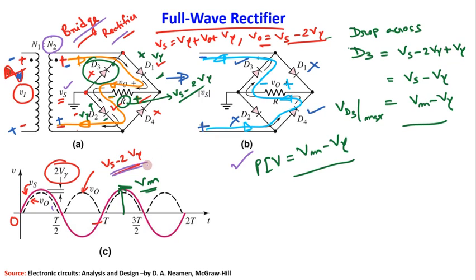So the voltage drop in the bridge rectifier is a bit more compared to the rectifier using the center tap transformer, right? So you also think if there is any other difference that you can point out. Fine.